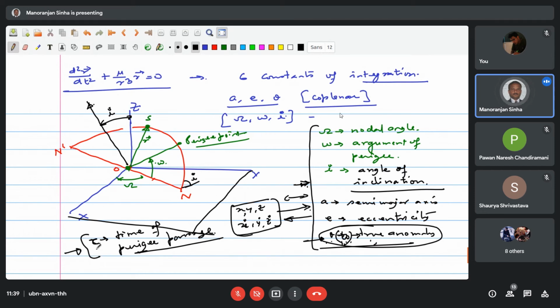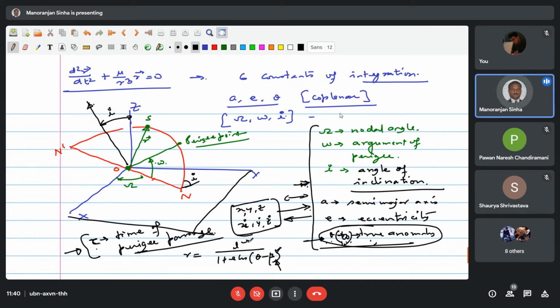Now this constant tau appears once we write r equal to L by 1 plus e cos theta. In fact, we wrote this in the format theta minus beta. Here this beta angle was the reference angle I told, so from there you are measuring. From the reference position, this beta is one constant involved.